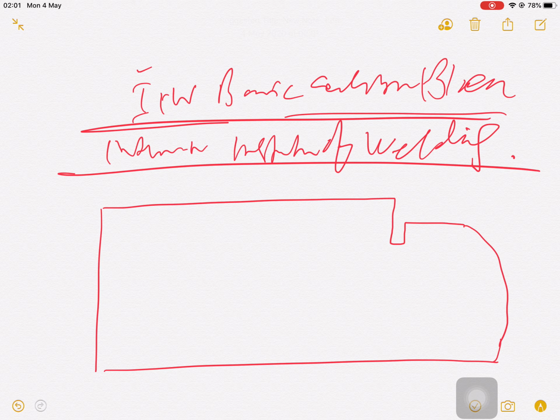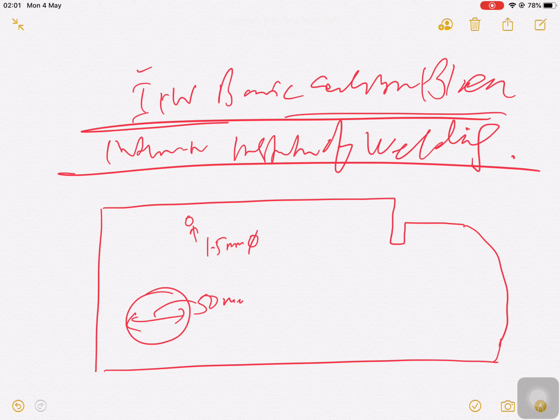You must know these blocks, you must identify them, and you must know which you are going to use for what. So this is the 1.5 mm diameter hole, and there will be one hole at 50 mm.